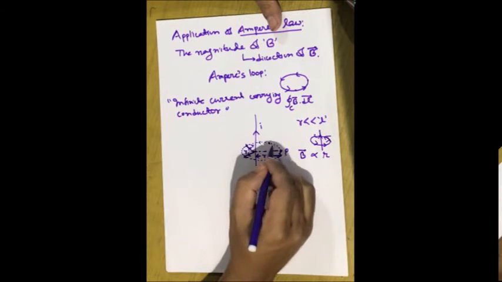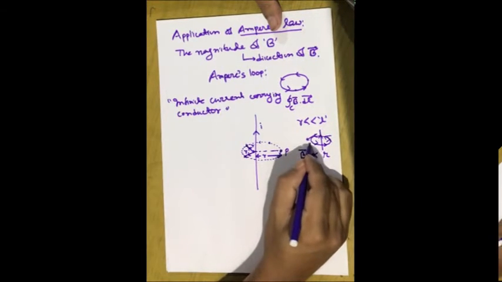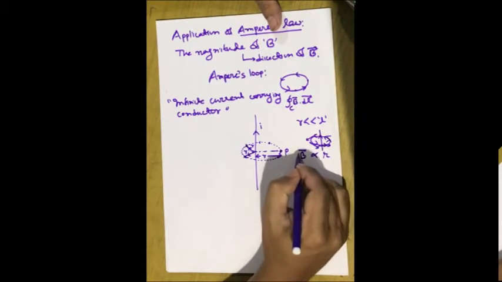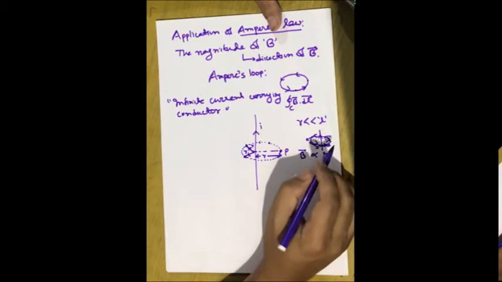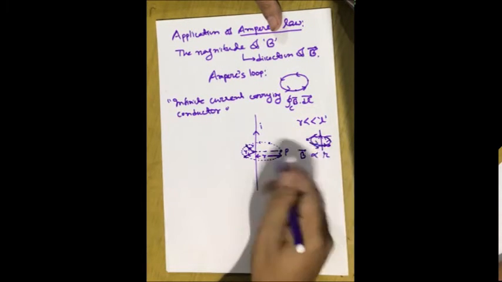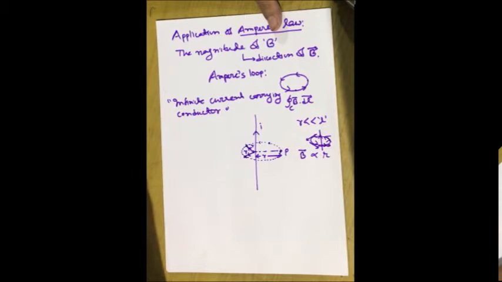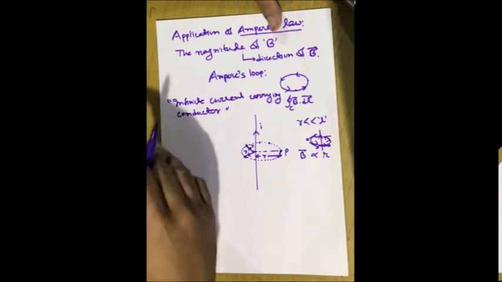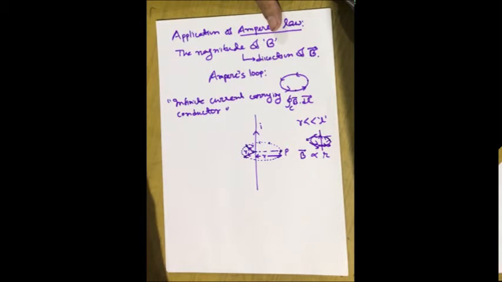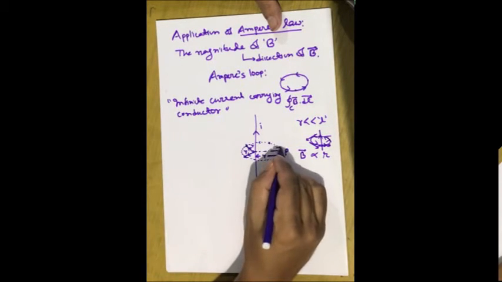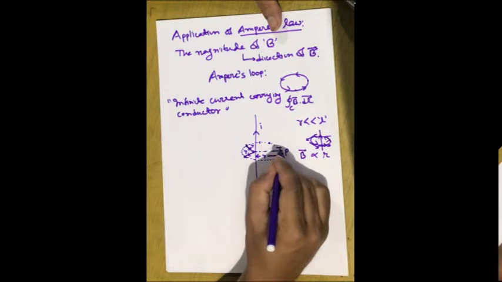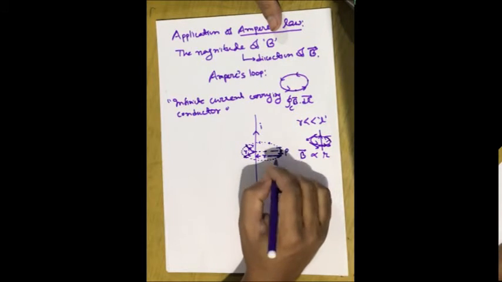To determine the direction, we just have to draw a tangent at each point of the loop. So let's proceed. In order to apply the Ampere's circuital law, first we have to consider a length element dl with the point P at the center.